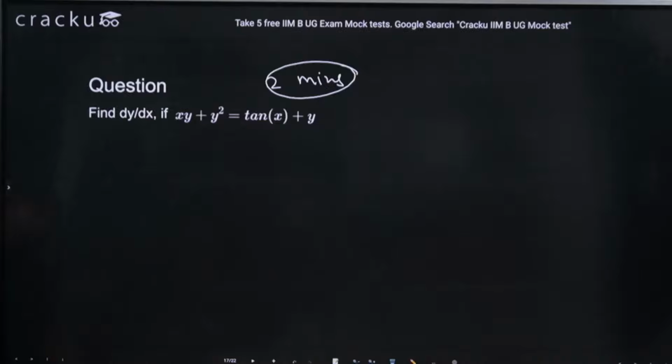I will wait for another, let's say 30 seconds. You can solve it by then, and then you can verify your solution with the one which I am going to get when I solve this right now. All right, I will solve this now.